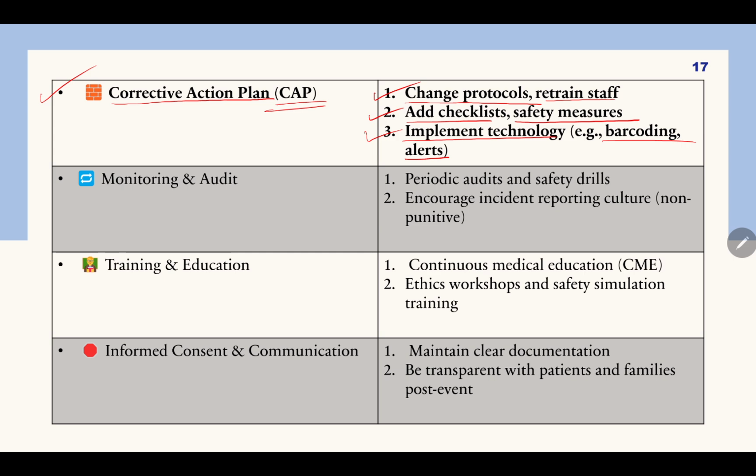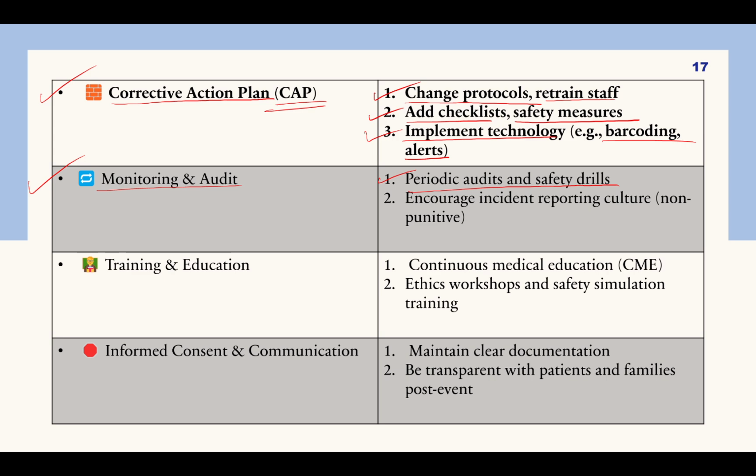You have to learn it in your final year, and you should obviously learn it whenever it is possible. We'll teach it if it's possible for us to teach it here. Then monitoring and audit. So monitoring or audit, that is periodic audits and safety drills. So audit is what you do at the end of the year or starting of the financial year, that you have to get everything collected, every information about the working of the institution and all.